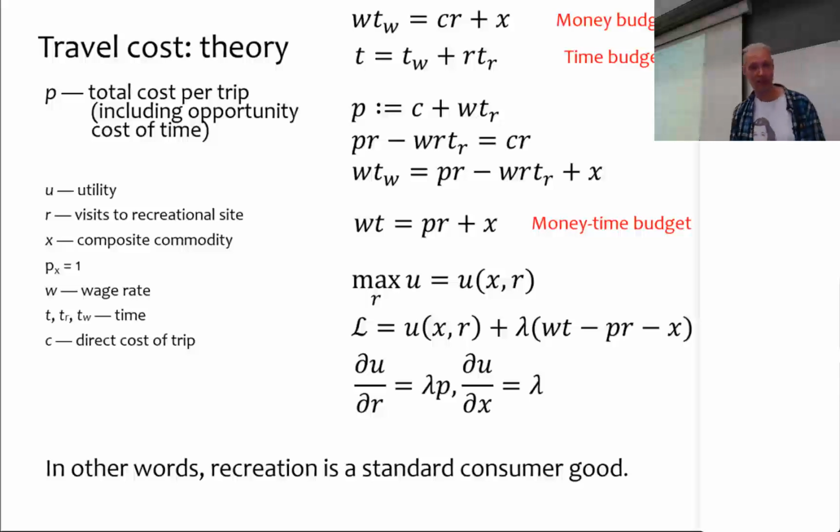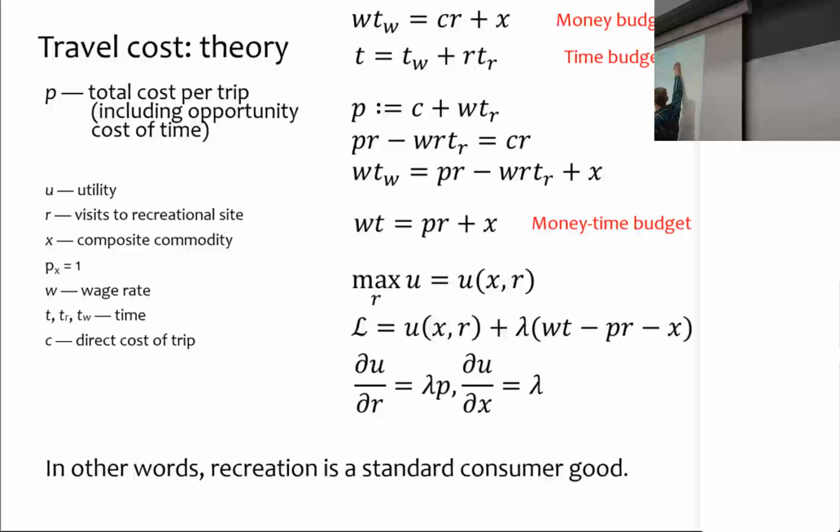What we can do is define the true cost of visiting the park as P, right? We can just call it P. The true cost of visiting the park is how much it costs to get there, C, plus how much time we spend there, and then the opportunity cost of time, right? So this is the true cost of our visit.